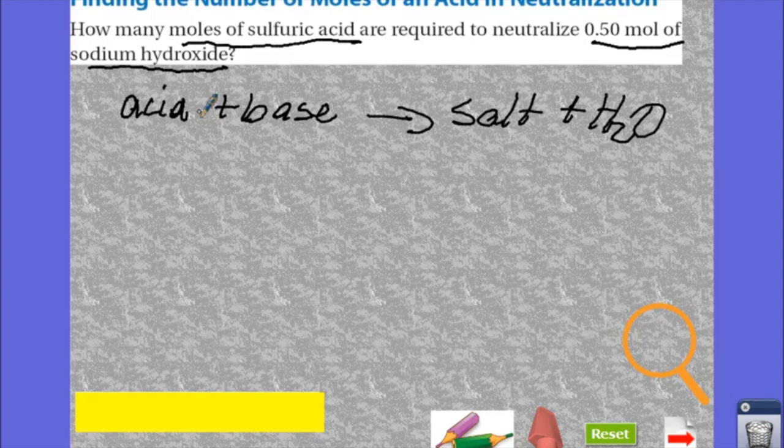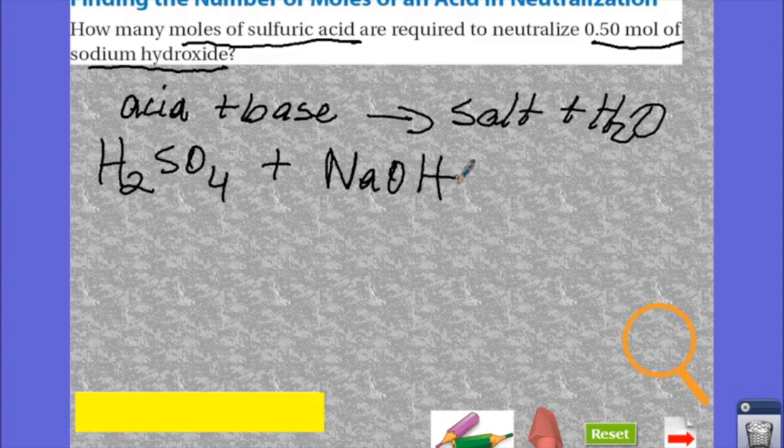Now, whenever we have a neutralization equation, always start with a balanced chemical equation. The chemicals involved here are sodium hydroxide and sulfuric acid. So I have H2SO4 plus my sodium hydroxide yield. This is not equilibrium. This is an acid.